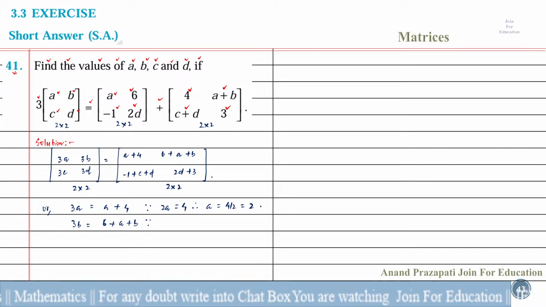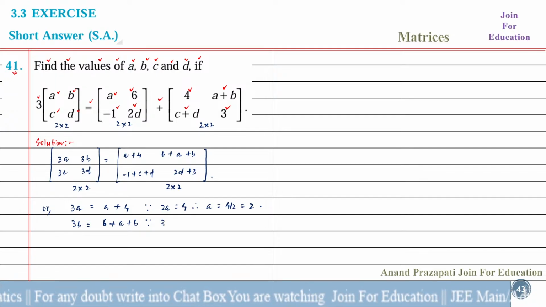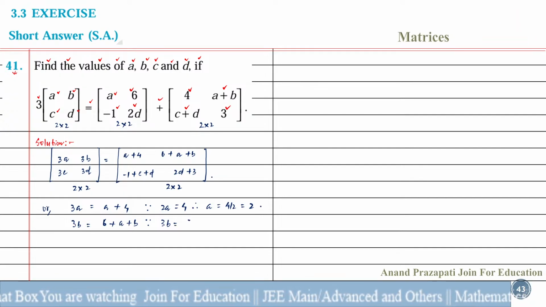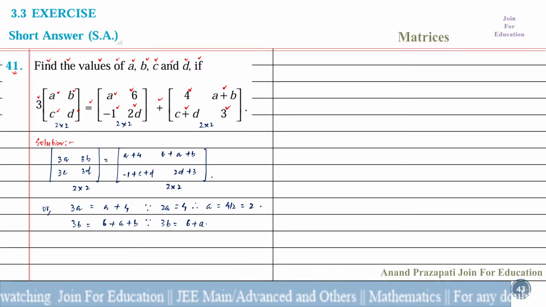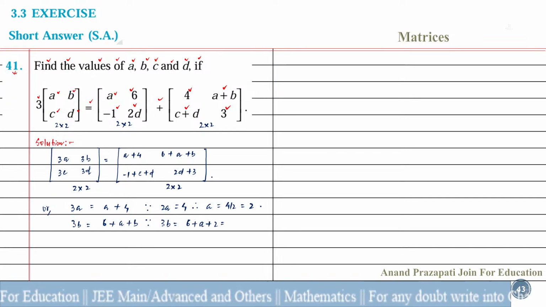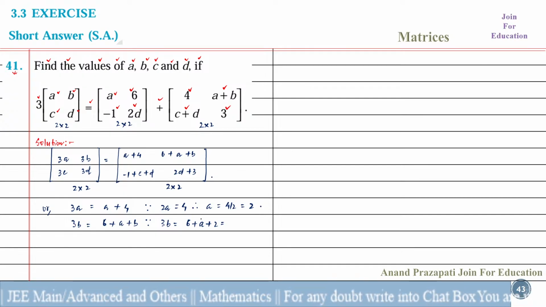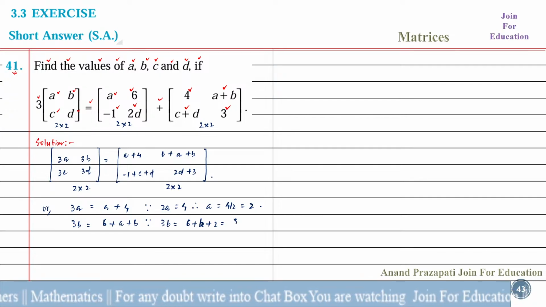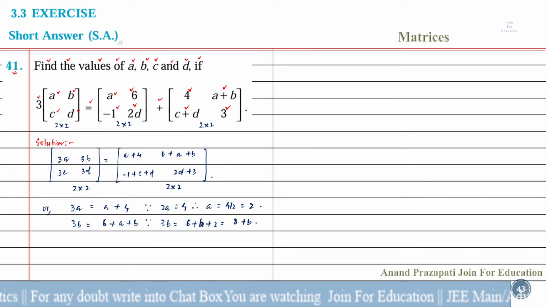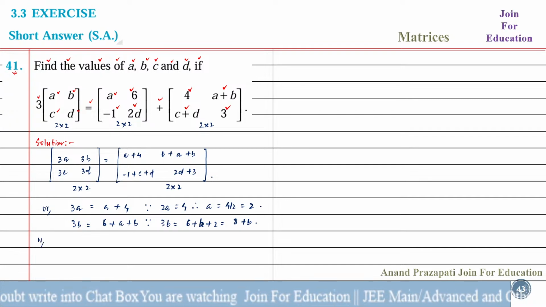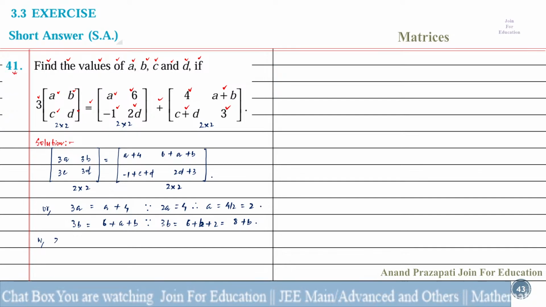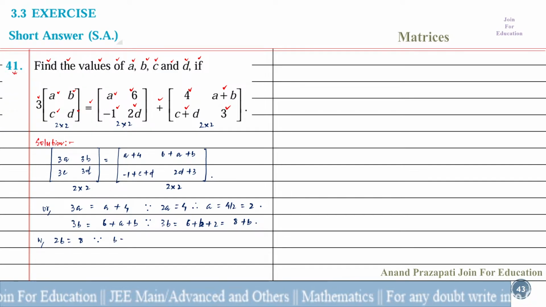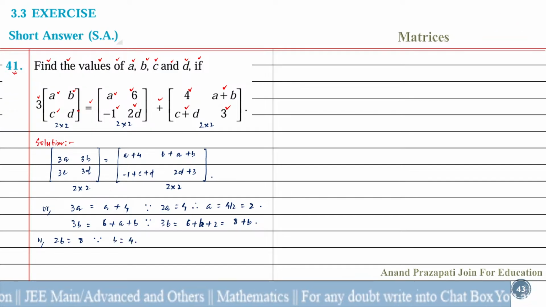Therefore, now putting the value of a, then we get here 3b equal to 6 plus b plus 2 equal to 8 plus b, or 3b minus b equal to 2b, 2b equal to 8, therefore b equal to 4.